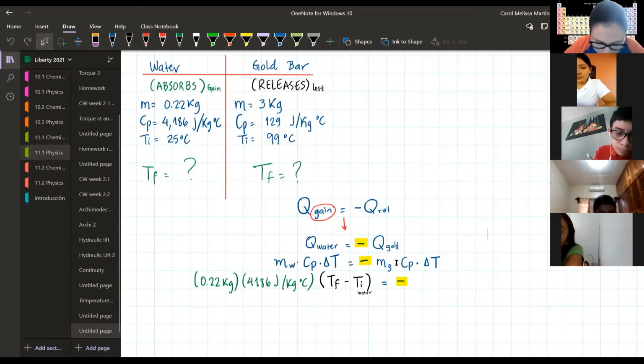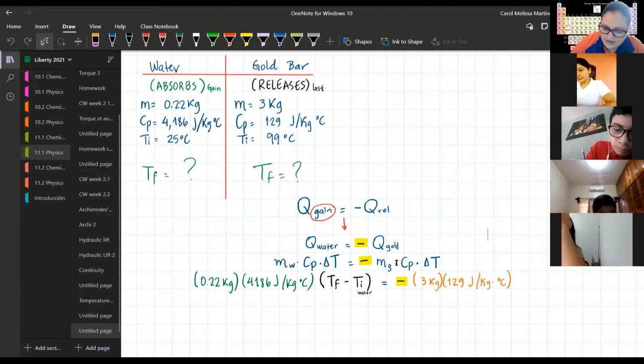now what I have on the other side of the equation: I have the mass of the gold bar, that is 3 kilograms. I have Cp of the gold, that is 129 joules over kilogram Celsius. And all this is also multiplied times delta T. In this case, delta T is final minus the initial temperature, but of the gold bar.